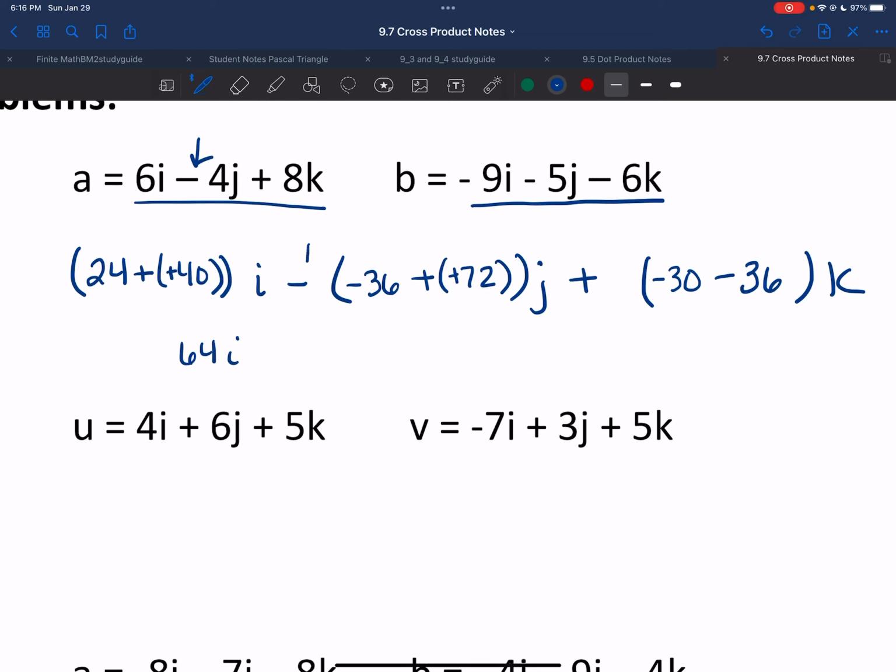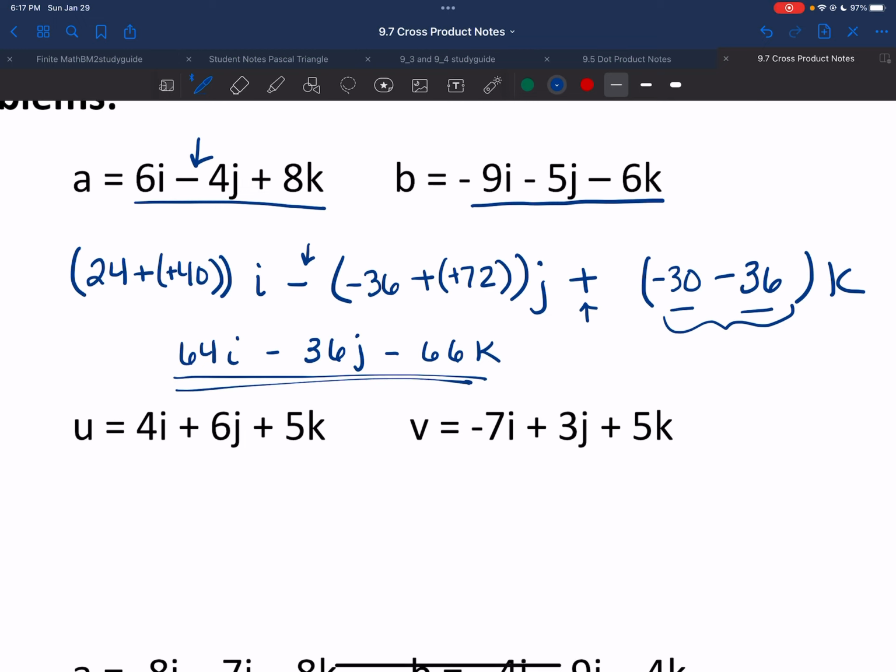And then I have this negative sign here, so -36j. And then the next one, -30 minus 36 is going to be -66k. Remember, we have a plus sign here, and the subtraction of both of these is going to be a negative. So 64i minus 36j minus 66k, and that's my answer.